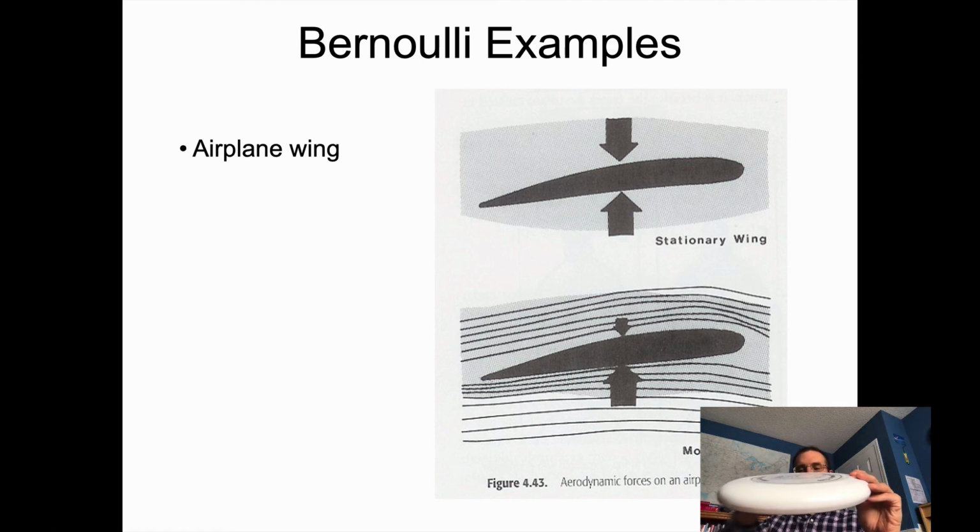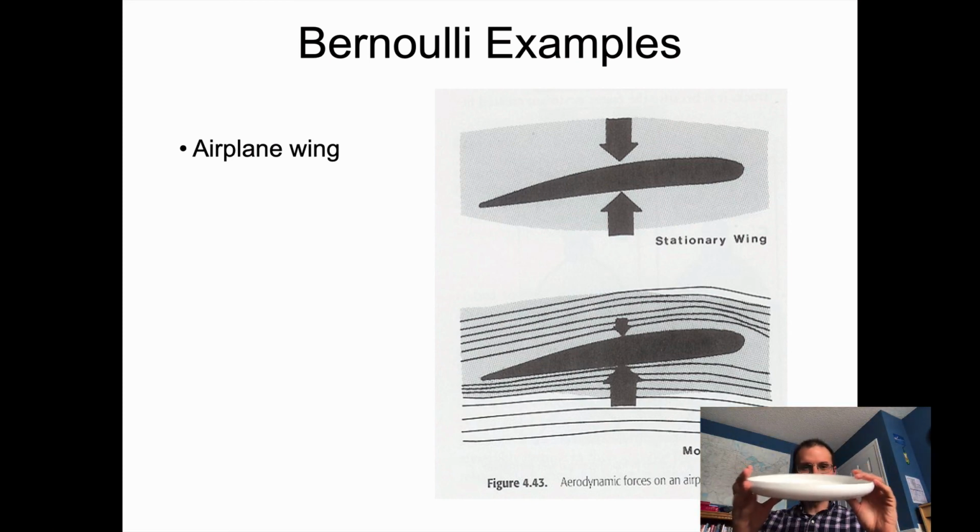The bottom basically has a flat sort of direction to go. The shortest distance between two points is a straight line, right? So it's shorter here, a little bit longer here. The frisbee gets sucked up into the air when you throw it. And normally when I do this in class, I like to throw the frisbee with a student just for kicks, both right side up and then also upside down.